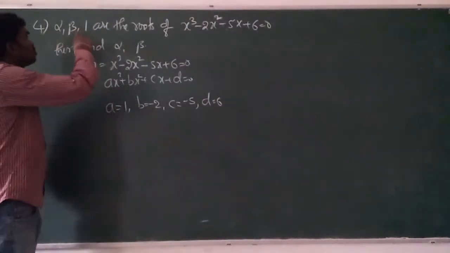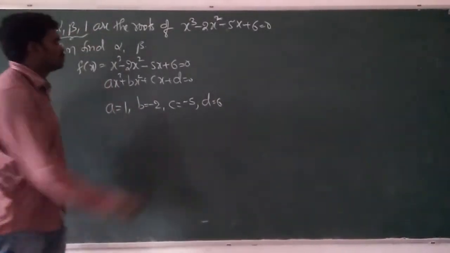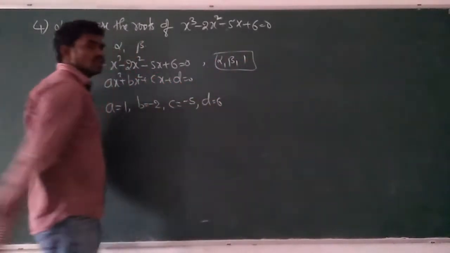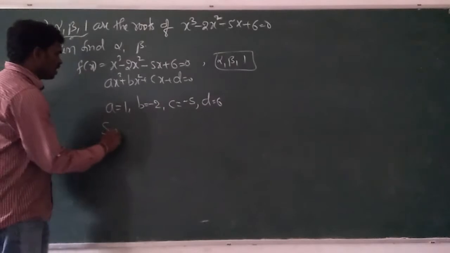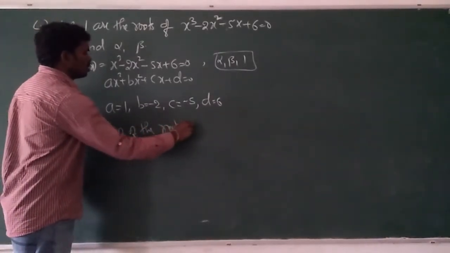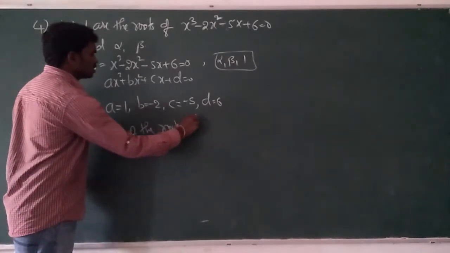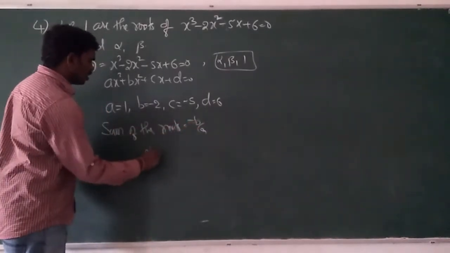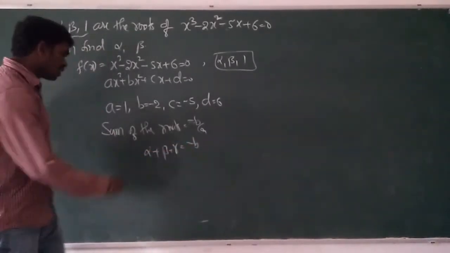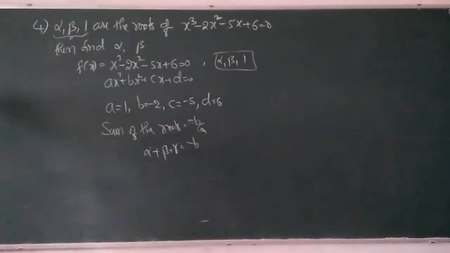What are the roots here given? Alpha, beta, 1. These are the roots. So apply the sum of the roots formula. Alpha plus beta plus gamma is equal to minus b by a. Here, no need to write alpha plus beta plus gamma.